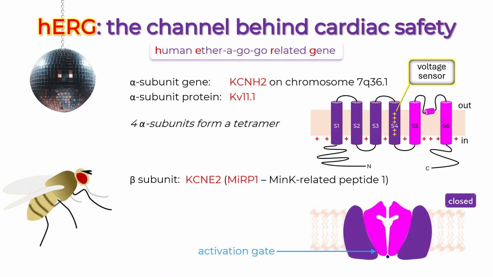The selectivity filter at the top of the channel allows only potassium ions to pass and is inaccessible when the activation gate is closed. The channel opens when the S6 helices of the activation gate move outward, forming a continuous path from the cytoplasm through the selectivity filter, allowing potassium ions to exit the cell.